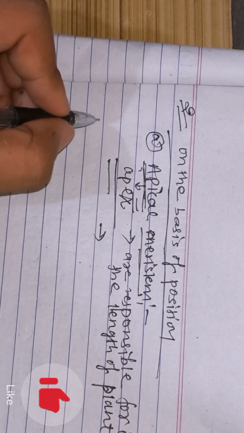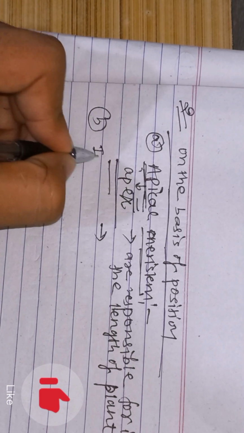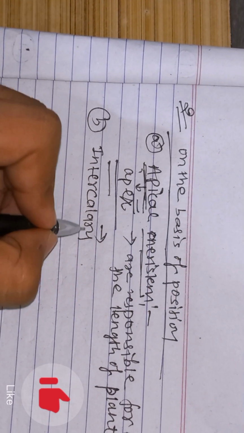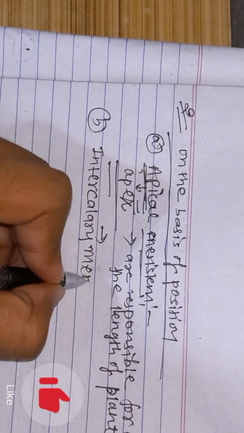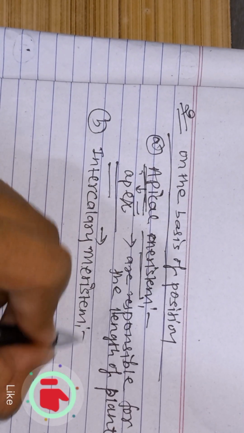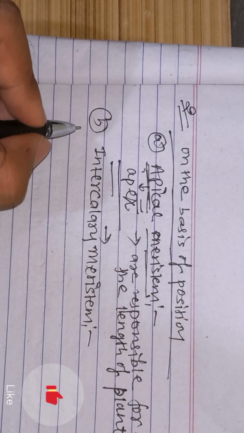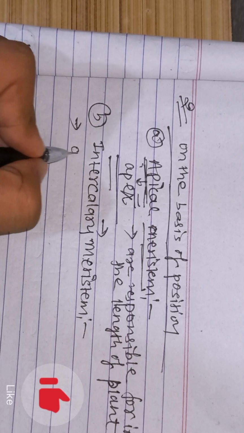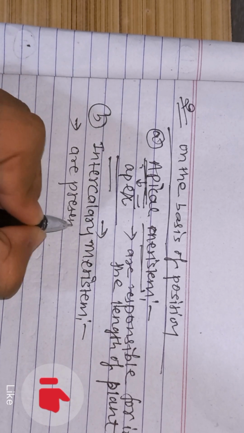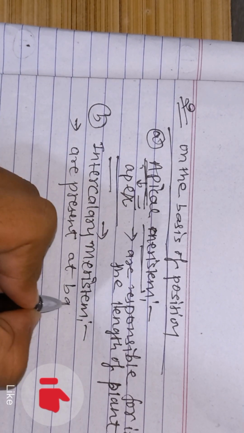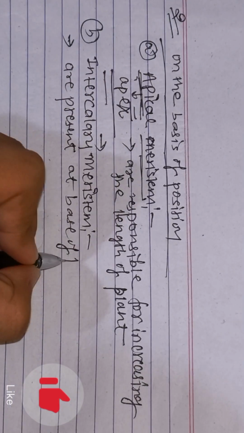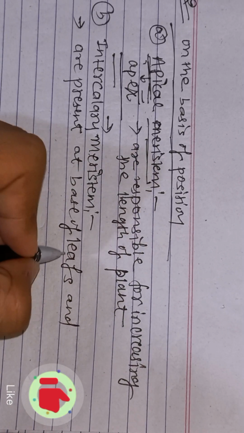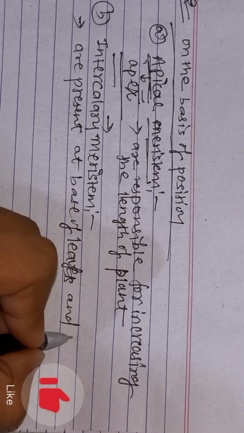Now let's talk about its other type, intercalary meristem. Intercalary meristems are present at the base of leaves and internodes.